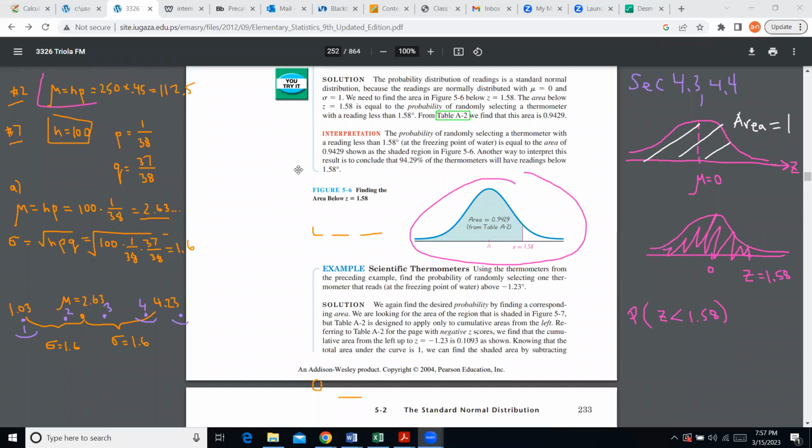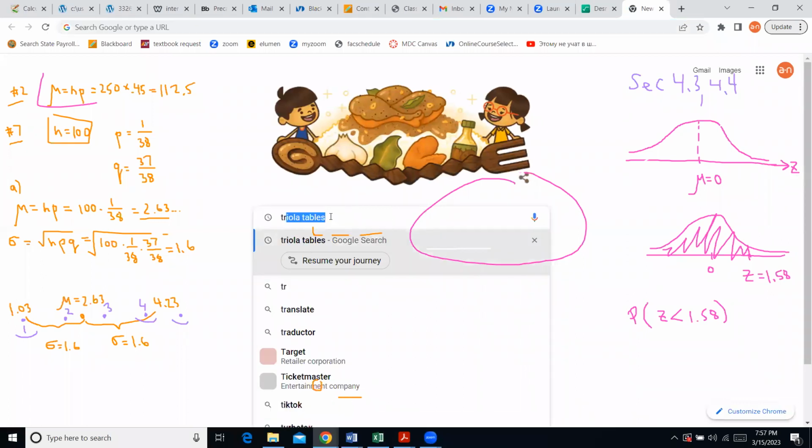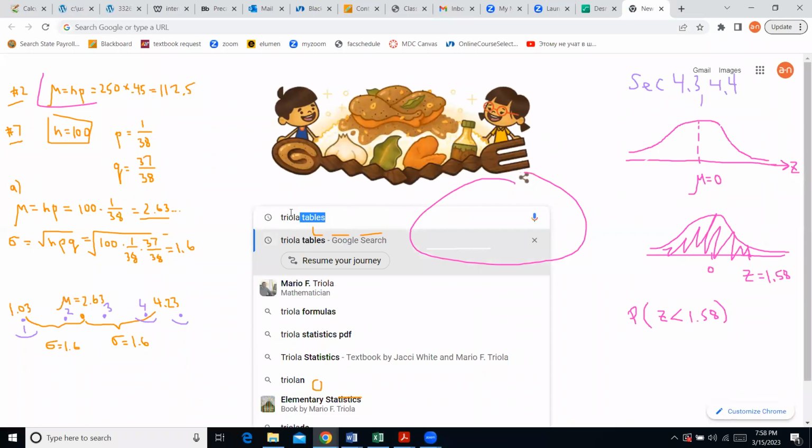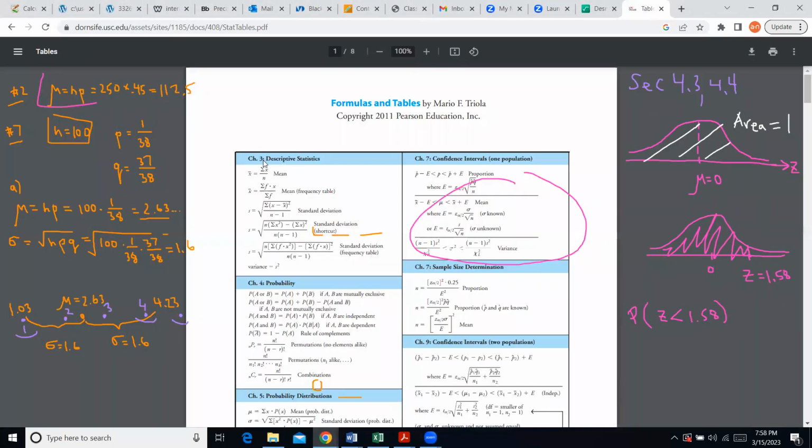So what I will do now is go to Google and find Triola tables. You can see the Triola tables for this particular normal distribution by clicking the first selection in this Google search.